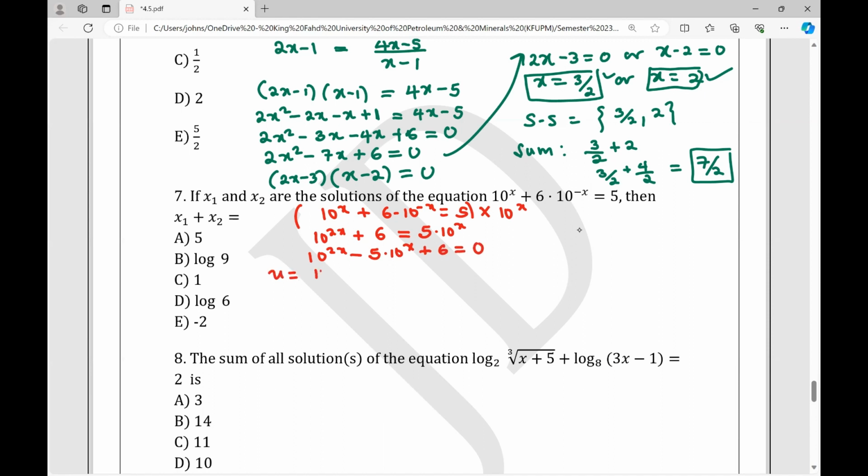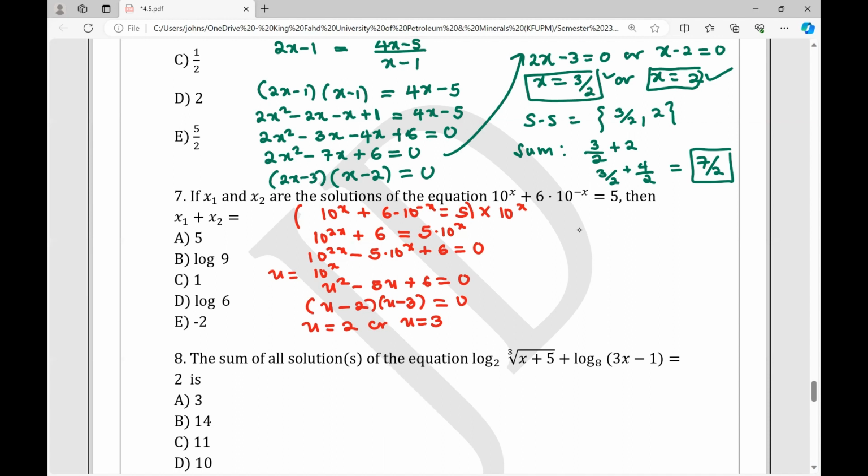And we can take u to be 10 to the power x, so that we have u squared minus 5u plus 6 equals 0, which is the same thing as u minus 3 times u minus 2 equals 0. Clearly, we have u equals 2, or u equals 3.